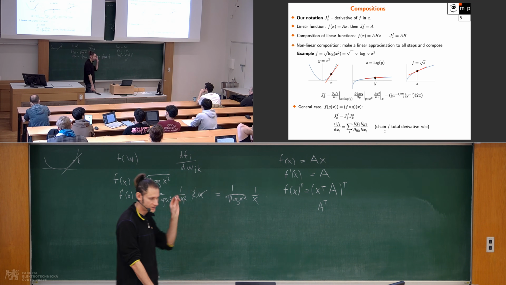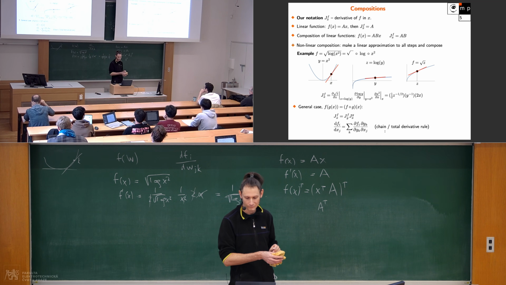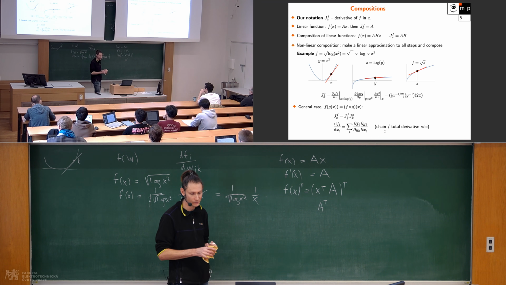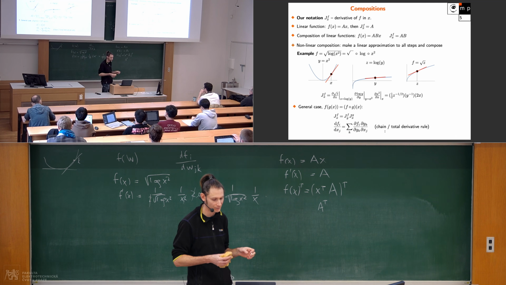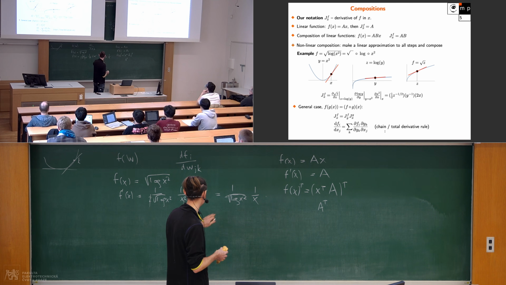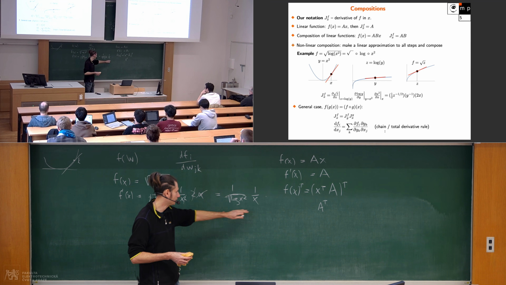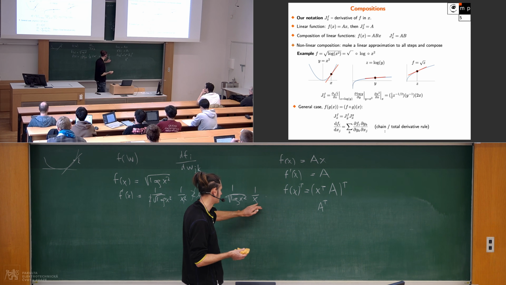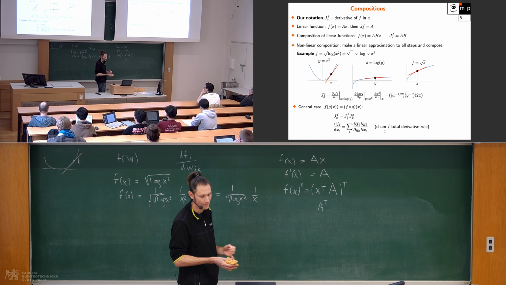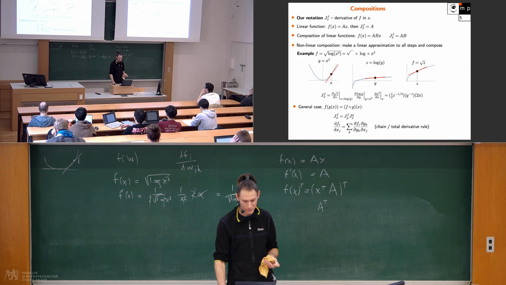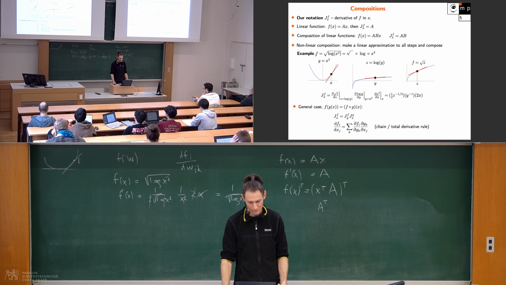But what we're going to do now in this slide is to do it algorithmically, not analytically, and for the purpose of evaluating the derivative at the current point only. This is a function, this is a derivative as a function, but what we really need for the optimization is just the value of this function at a particular point. So how are we going to do this? First we compute the value of the function itself.